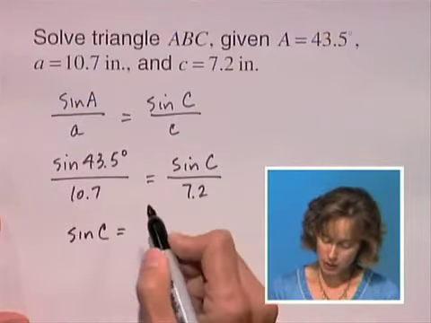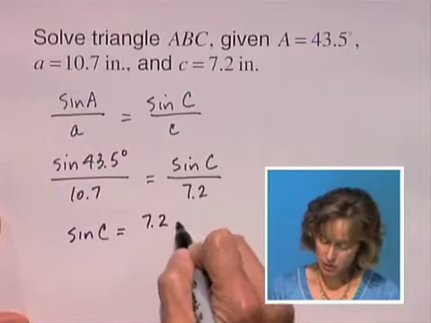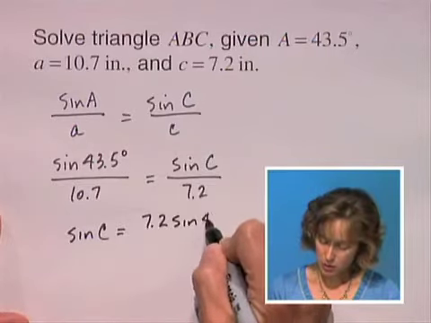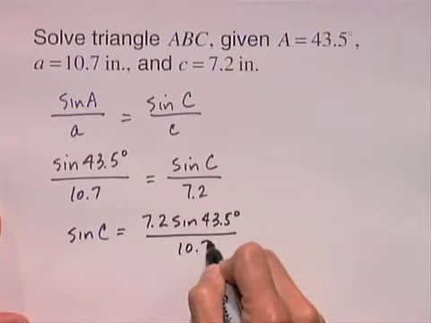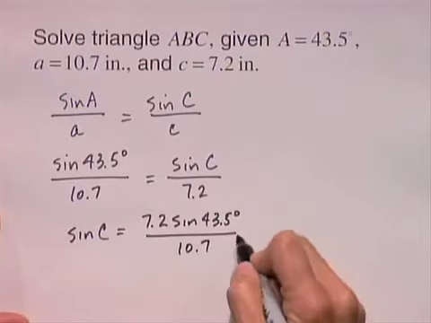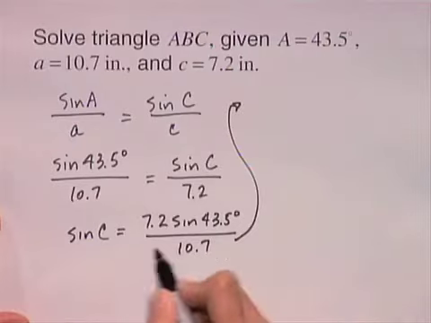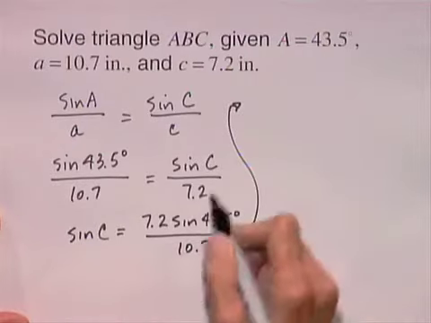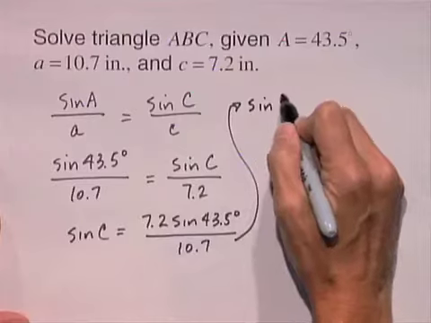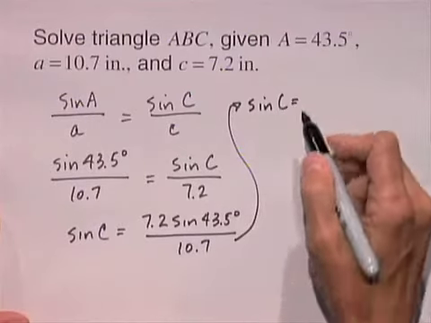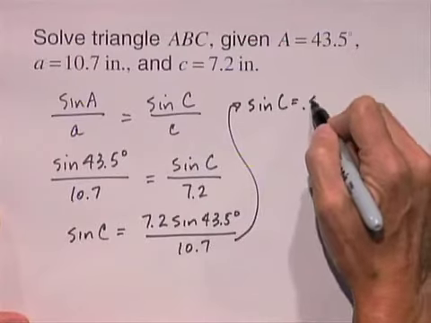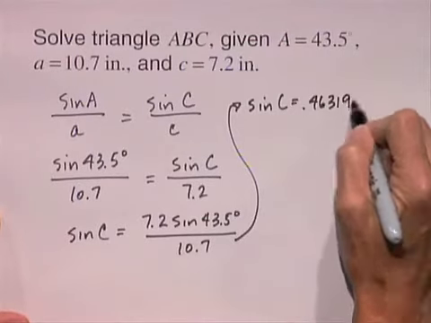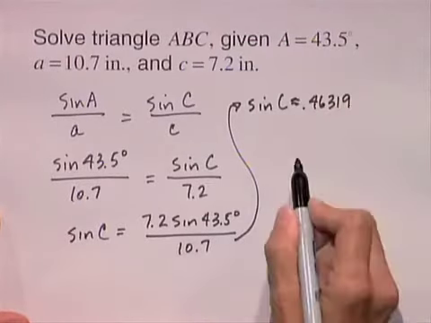So we see that sine C is 7.2 sine 43.5 degrees divided by 10.7. We're going to stop at this point, grab a calculator, and calculate this value. We end up with sine of C equal to 0.46319 and so forth. It's approximately that, not exactly that.